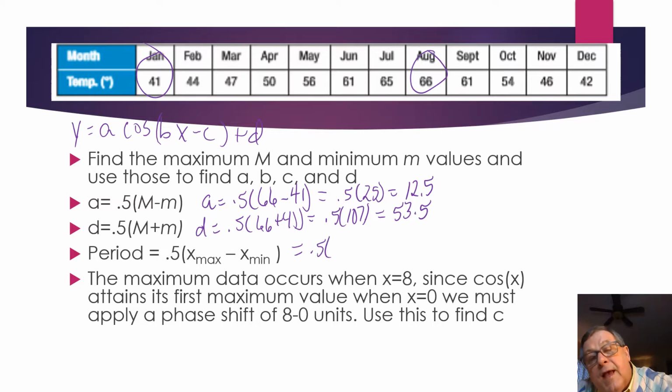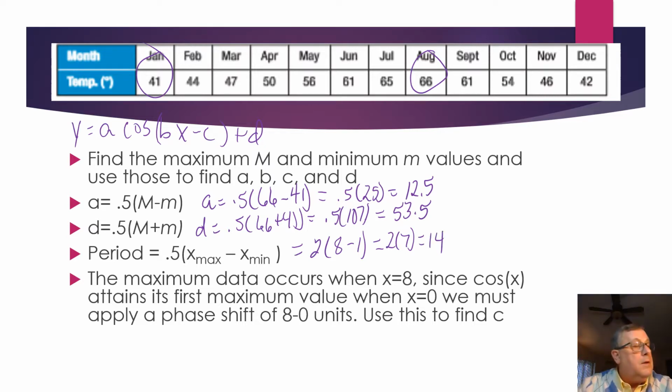Our maximum occurred in the 8th month, and our minimum occurred in the 1st month. So 2 times 8 minus 1, which is 2 times 7, which is equal to 14. So our period is 14.